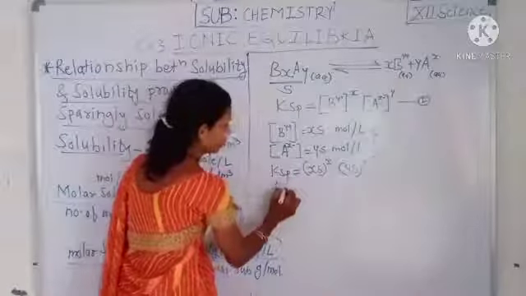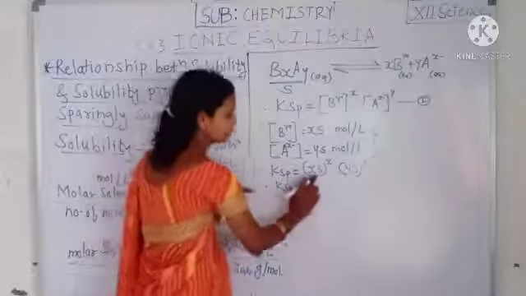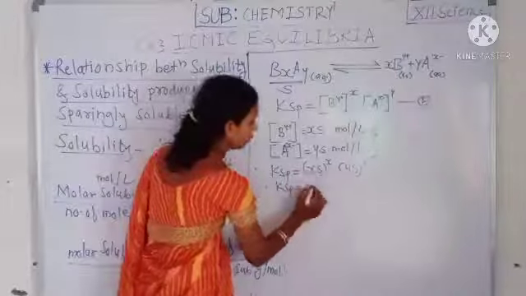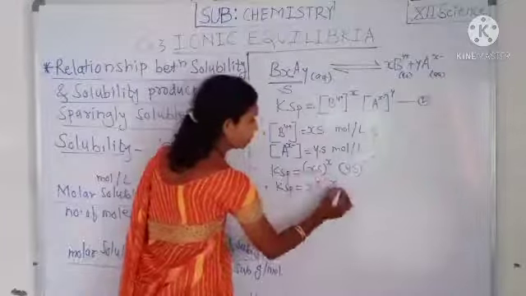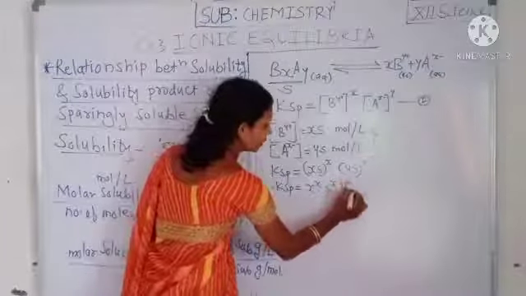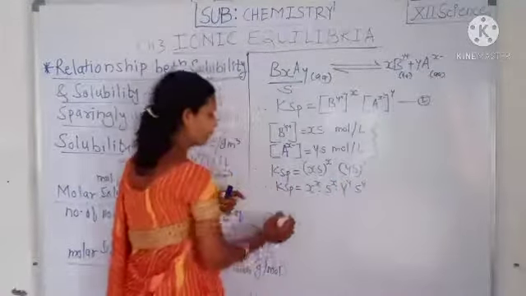Therefore, solving this, we get Ksp is equal to x^x into S^x into y^y into S^y.